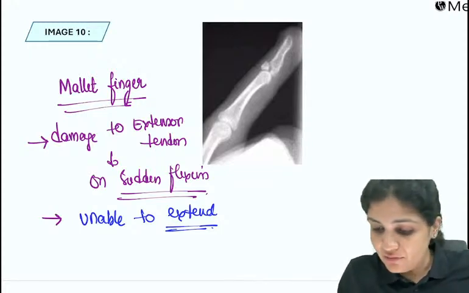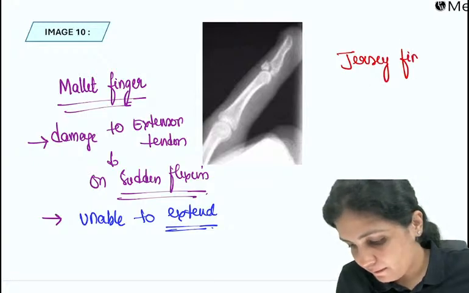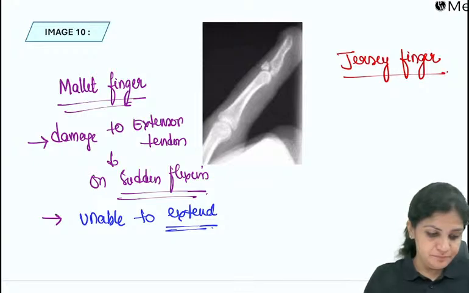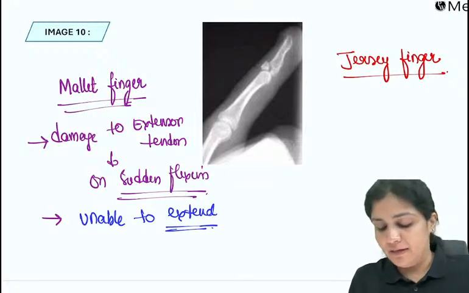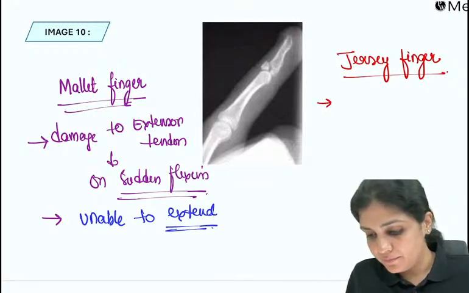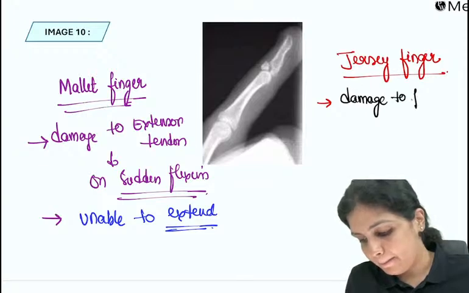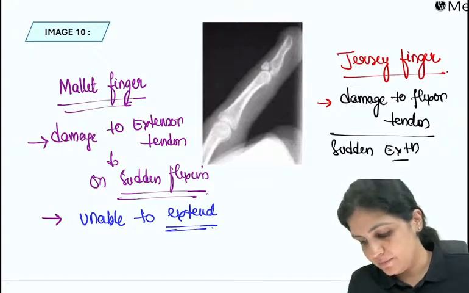So what is jersey finger then? What is a jersey finger? Very good, Pratyusha. Similarly, damage to the flexor tendon, that is due to sudden extension, right?